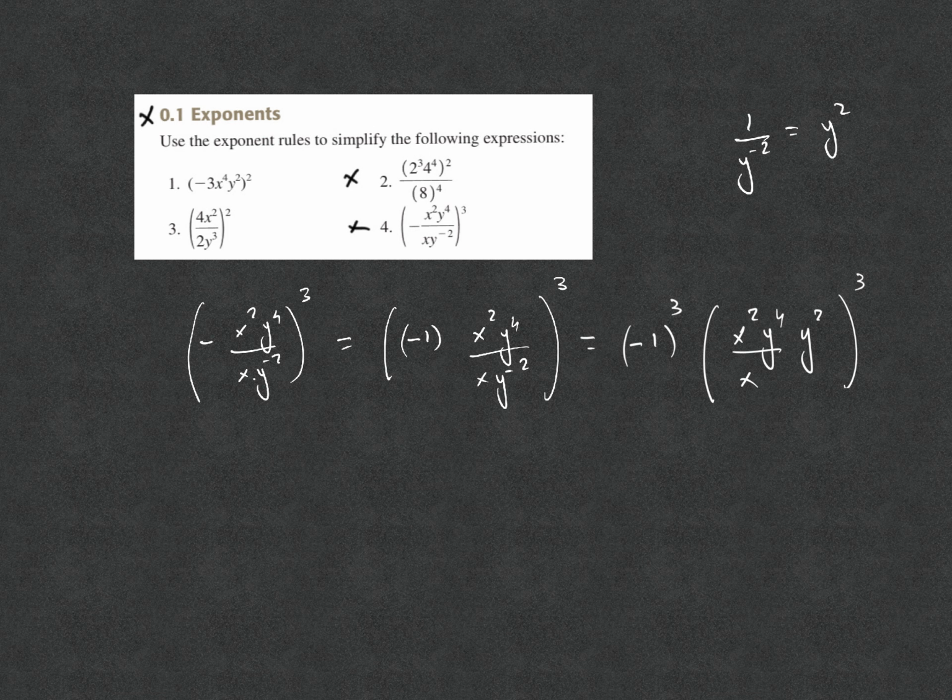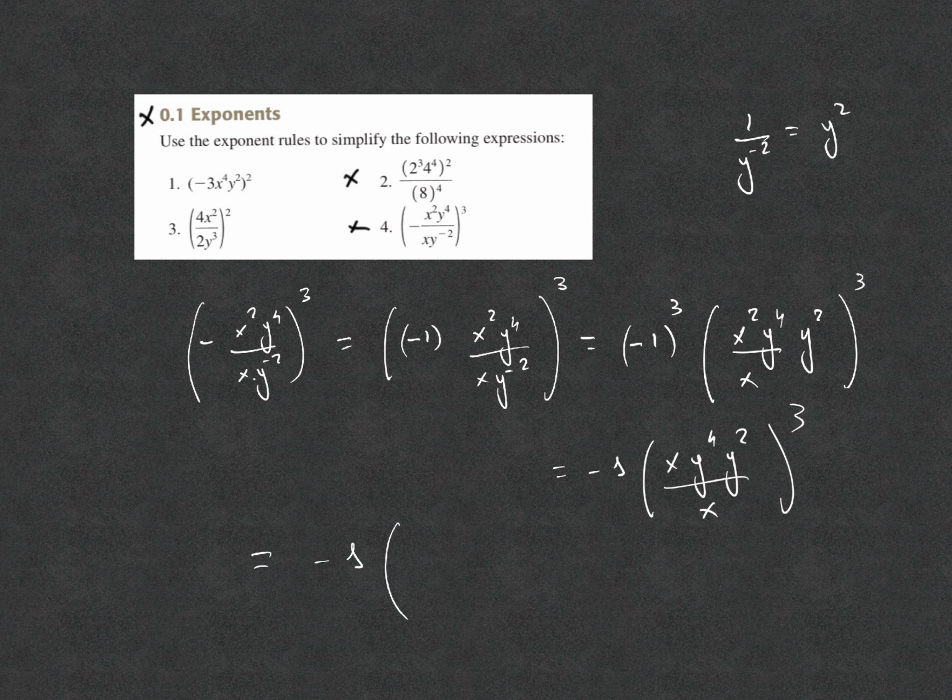Now minus 1 raised to the power 3 is minus 1 by minus 1 by minus 1, which is equal to minus 1.